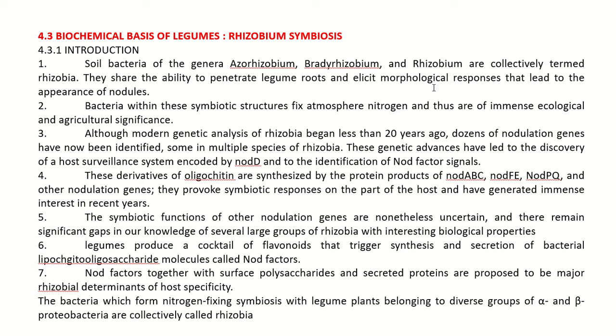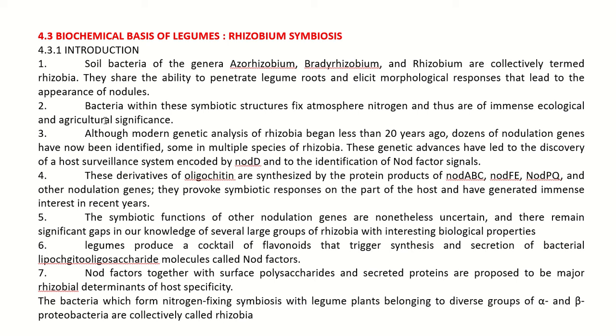And they share the ability to penetrate the legume roots, as I said previously, and elicit morphological responses that lead to the appearance of nodules. I have already explained how it enters, and then the bacterial cell wall is dissolved and they synthesize or infection on that.